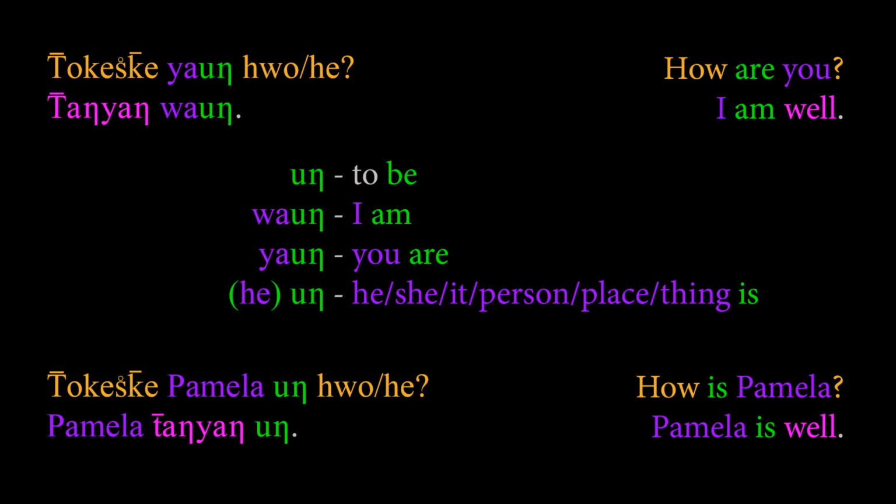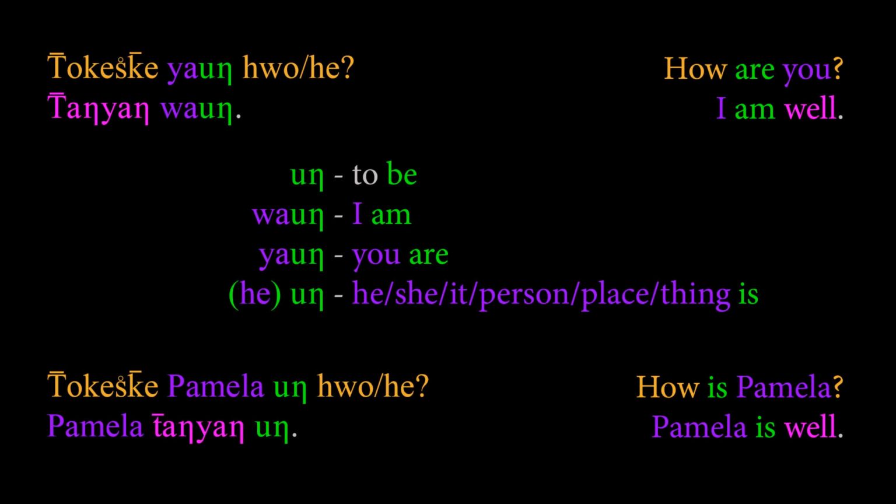So look at the dialogue underneath next, and you see the person's name I am choosing is Pamela. So look at the next question. Do keshke Pamela unhe? In the English, you see the definition. Now look at the answer. Pamela Dayan un. Look at the right side of the screen. You have the definition for that.